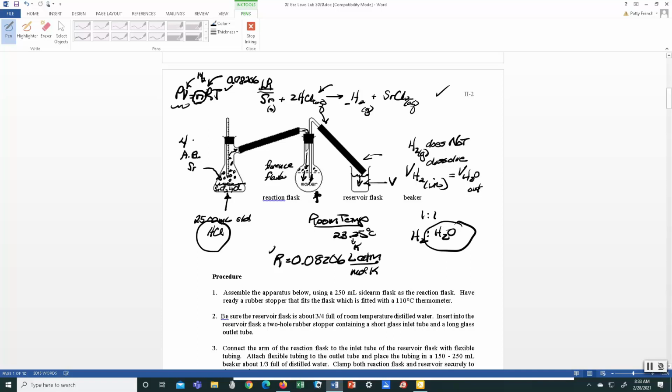We have 4 sig figs from our mass. We want to have 4 sig figs from our water. That's what we want. So I'm going to erase a little bit of stuff here so I have some room.